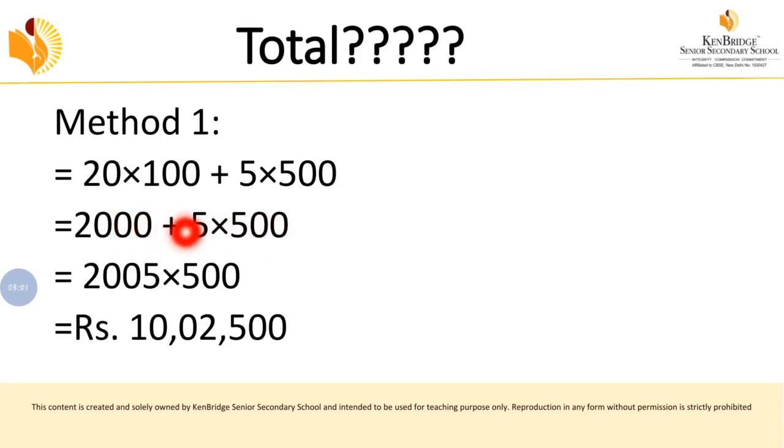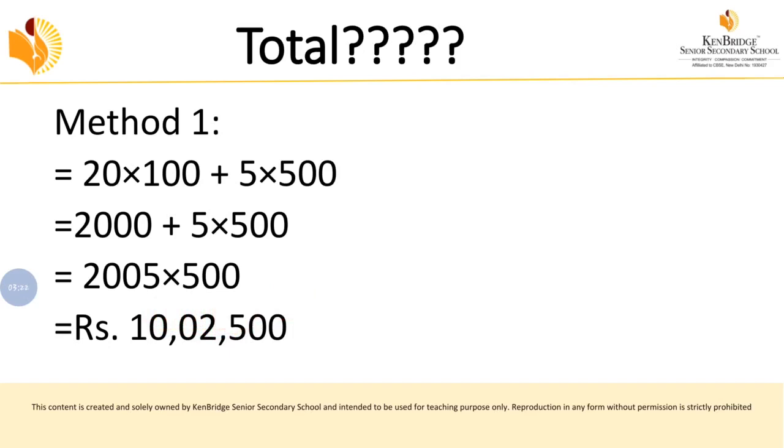Now 2000 plus 5 is 2005 into 500. If you multiply 2005 into 500, you will get this amount. So in method 1 we have 10,02,500 rupees.